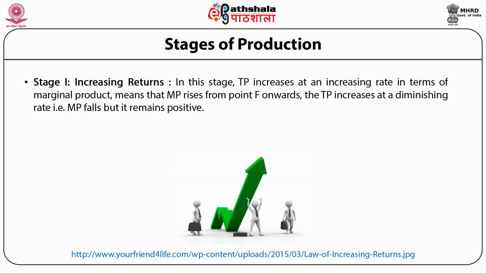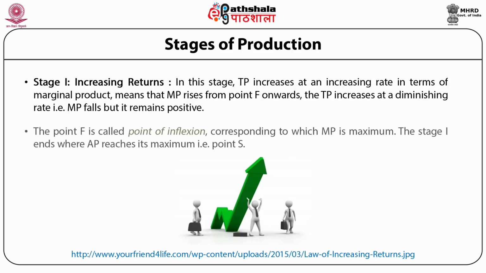Then TP increases at a diminishing rate, that is, MP falls but it remains positive. The point F is called the point of inflection, corresponding to which MP is maximum.